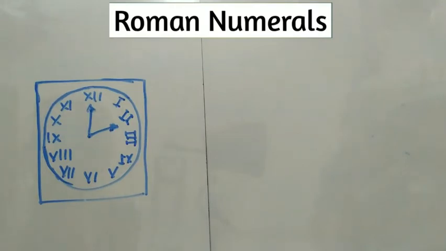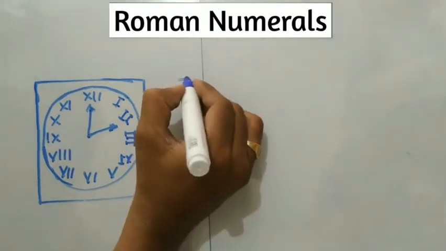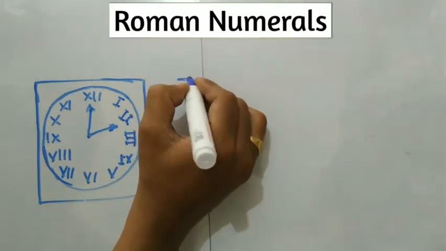So these symbols can be called what? Roman capitals. So which are the Roman capitals? This I is a Roman capital.